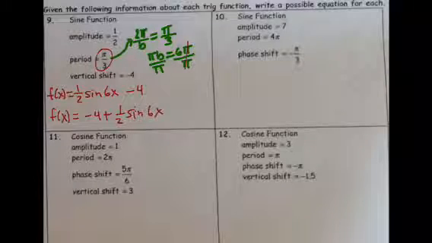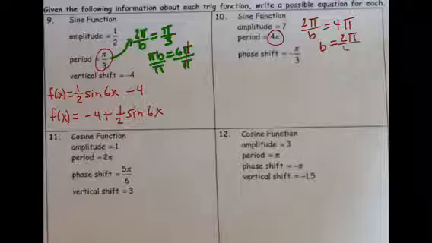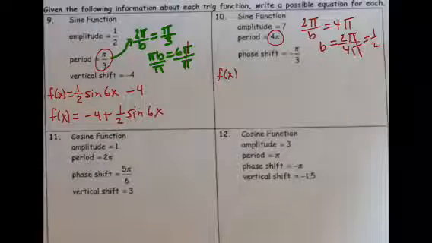For number 10, the period is 4 pi. So it's going to be 2 pi over b equals 4 pi. So then b equals 2 pi over 4 pi, and then you reduce it to 1/2. So then f of x equals 7 sine 1/2.